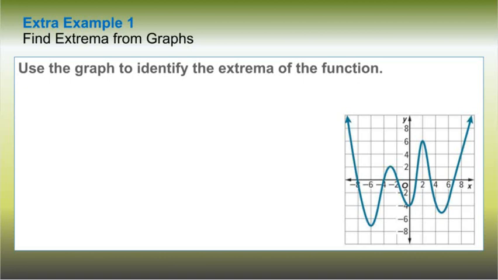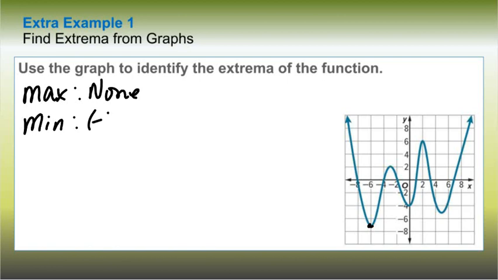But we have one minimum, so let's do it this way. Max, we have none. Minimum, the lowest point is right here, and that point would be -6, -7.